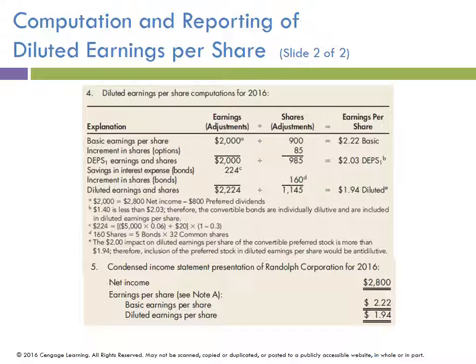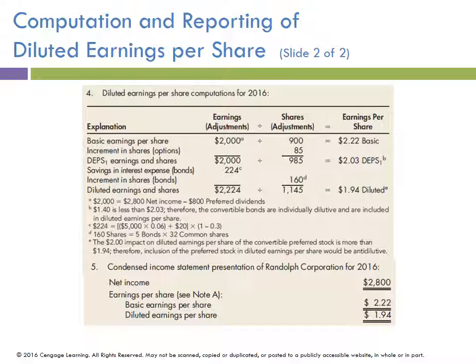Now, if you take a look at little e, the convertible preferred stock's overall earnings per share effect is $2. It says the $2 impact on diluted earnings per share is more than the $1.94 it currently stands at. So if we had included it, it would actually cause our earnings per share to go up. So let's do that calculation so you can see it.